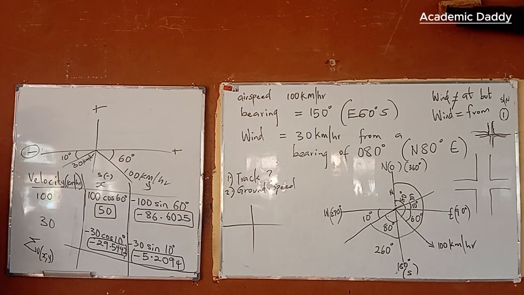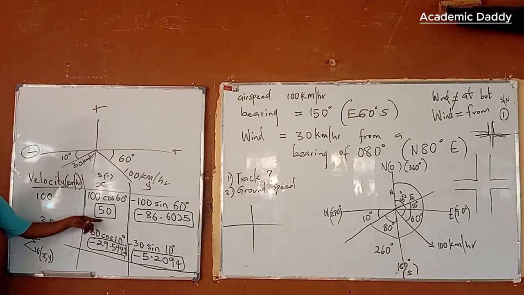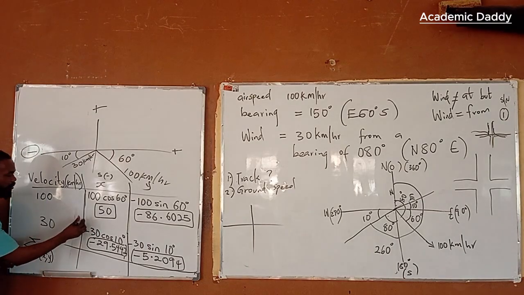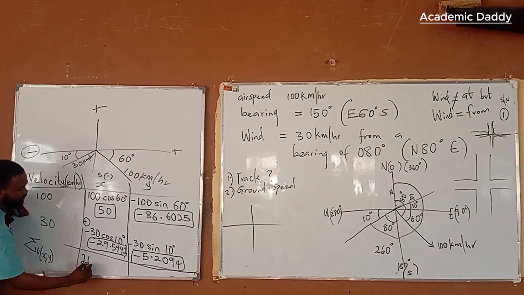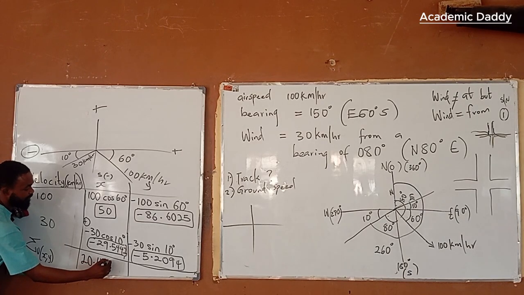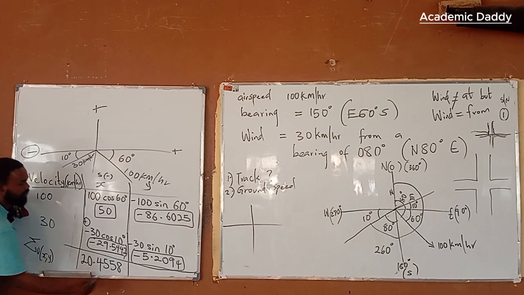So now do for me 50 plus minus 29.5442. Punch for me. 20.4558.